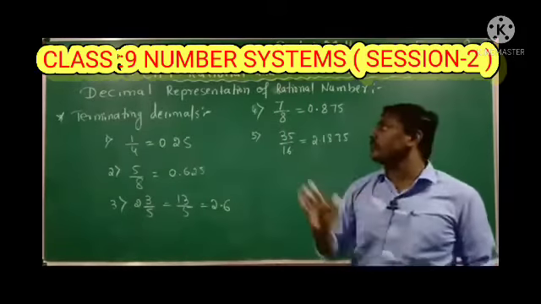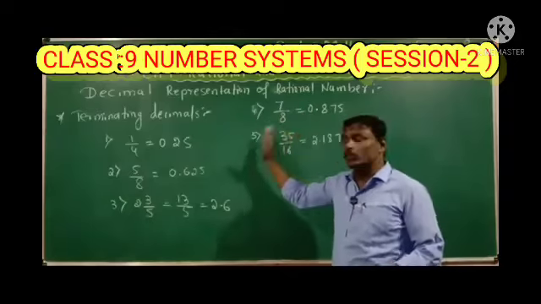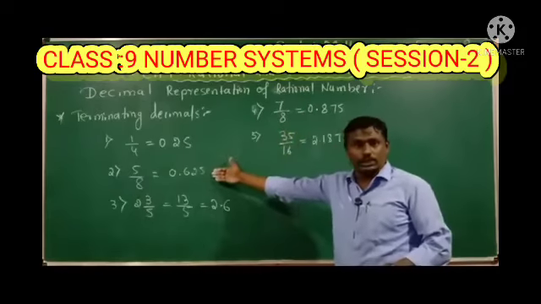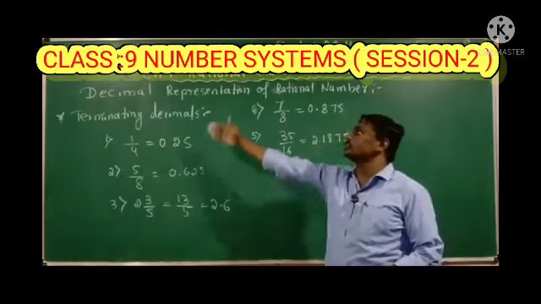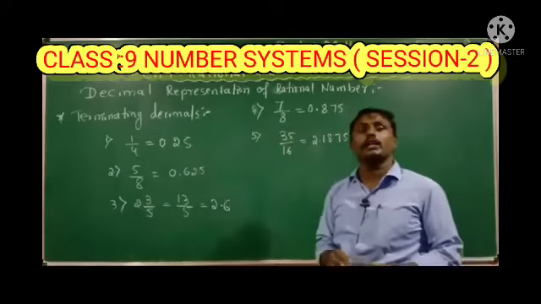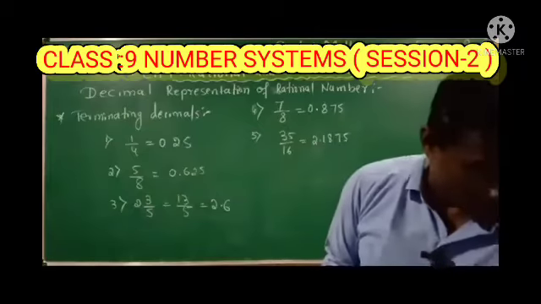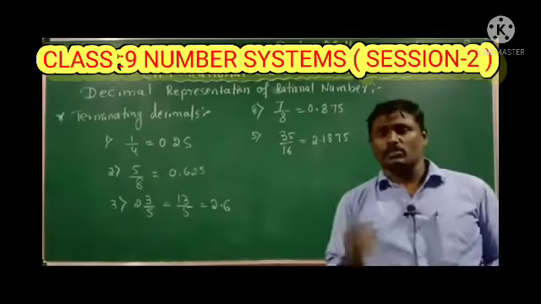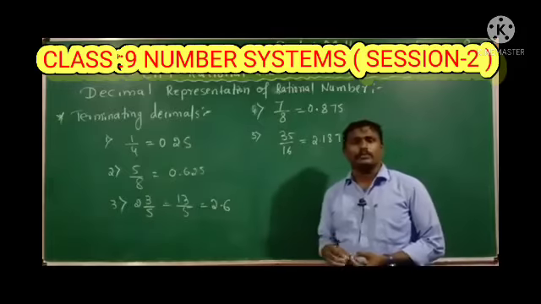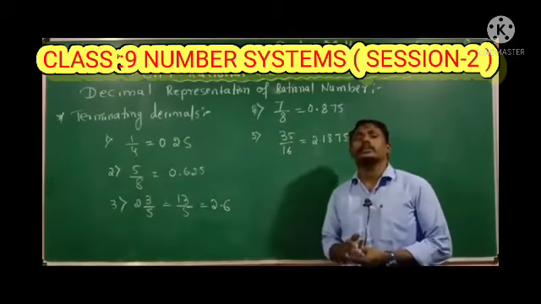So these kinds of quotients are called terminating decimals. Terminating decimals, okay.